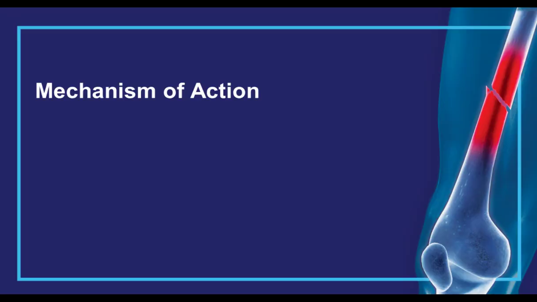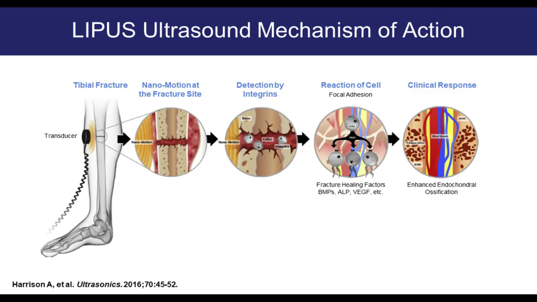So how does this work? We've talked some about the alphabet soup of bone healing, and you'll recall some of those cartoons from earlier on of secondary fracture healing. On the left, you see the transducer on the skin over the fracture site. You get nano motion, not micro motion. It's much smaller motion as the waves impact that fracture hematoma.